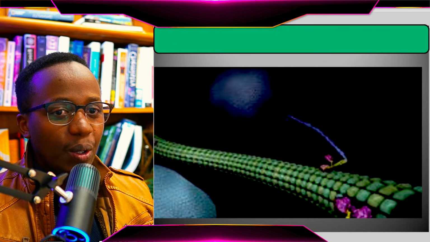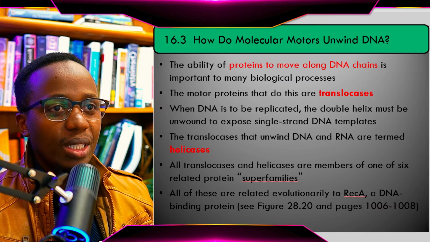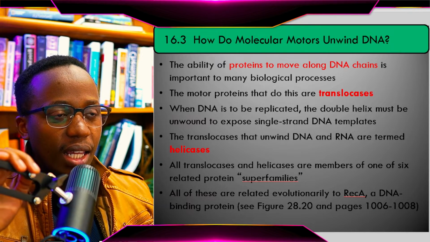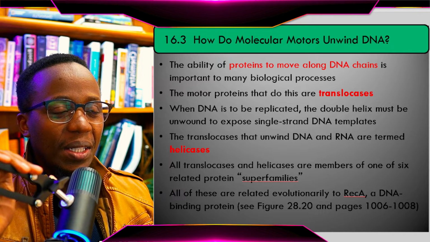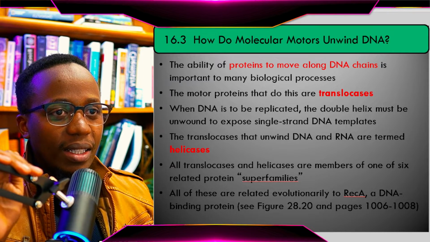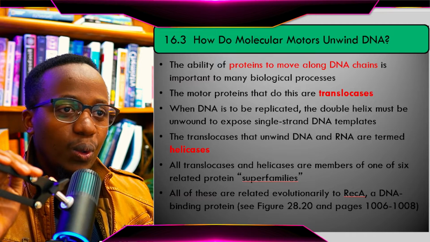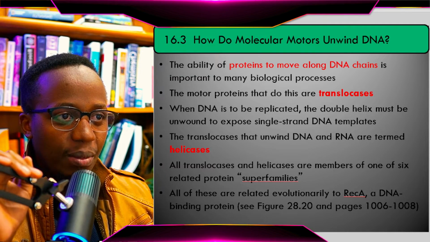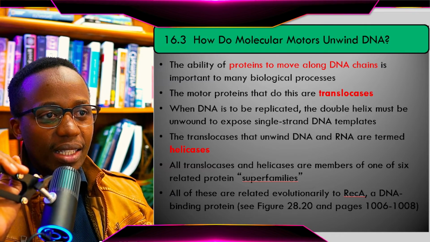Let's look at an example of a rotating protein. So one is DNA helicases. DNA helicases is another one that does it. That's really cool. Again, we're going to have chapters about this, so I'm not here to talk about how DNA helicases work.